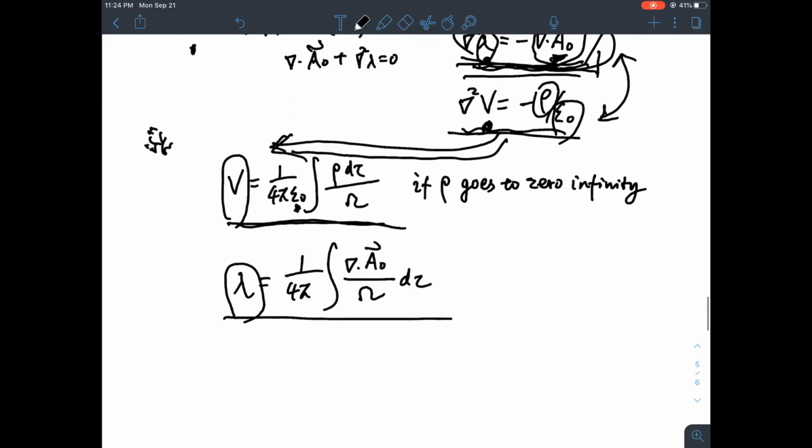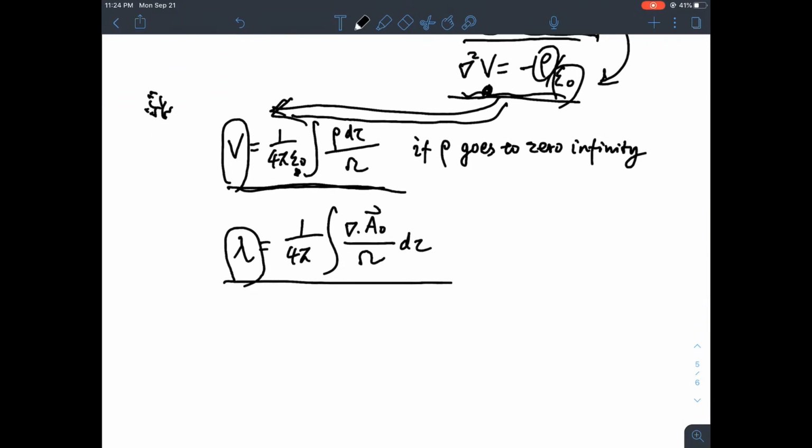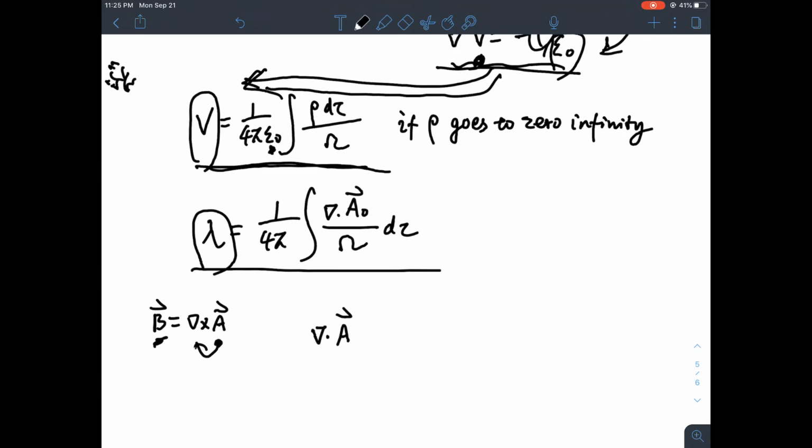Now, it is actually very important to know that we have B equals del cross A. This only tells us what the curl of the function A should look like: it should equal B. But this relation doesn't say anything about the divergence of this vector A. So in fact, we have the freedom to pick whatever del dot A we want to have.